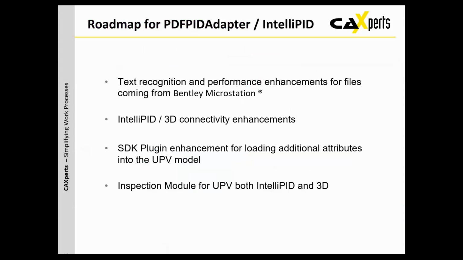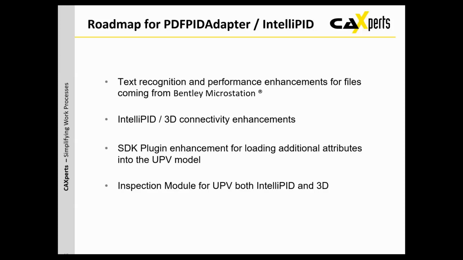and just go to the next one, talking about the roadmap of future development. We are still in the process of working on the text recognition and also performance for MicroStation files. This is a little bit more tricky maybe than AutoCAD or other file types.